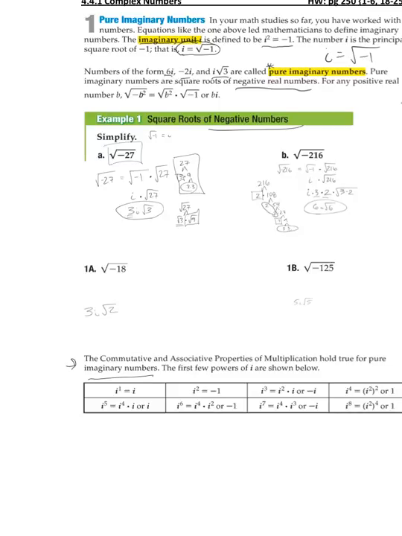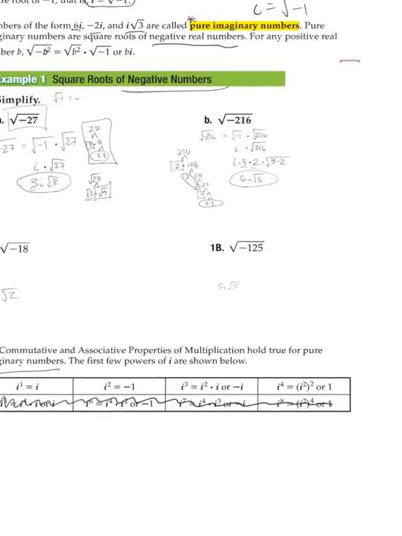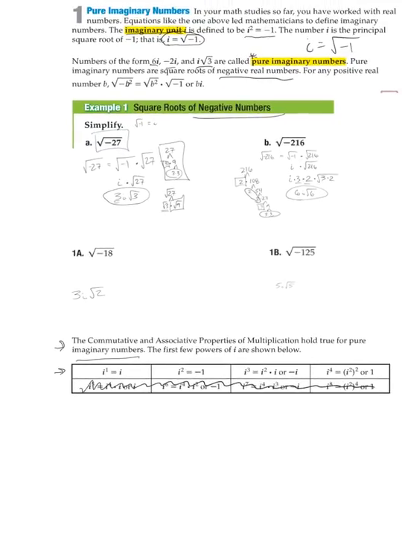Guys, these first four, this top column, is important for you because I'm not hugely worried about that bottom column, but this top column describes i to different powers. i to the power of 1 is just i. i squared is i times i, which is the square root of negative 1 times the square root of negative 1.